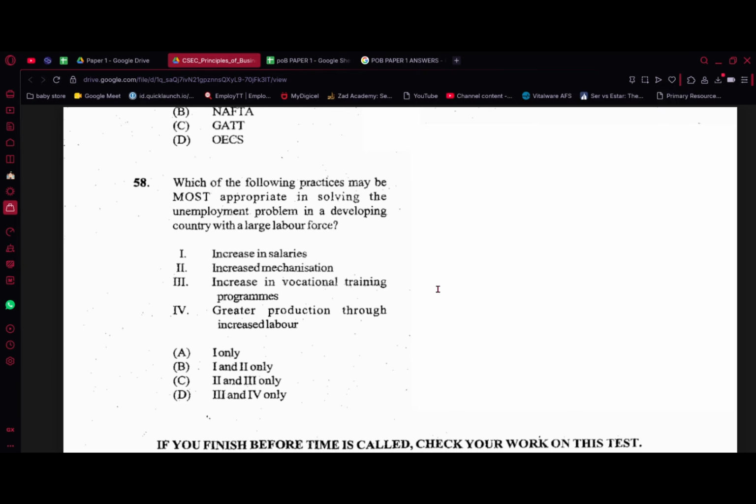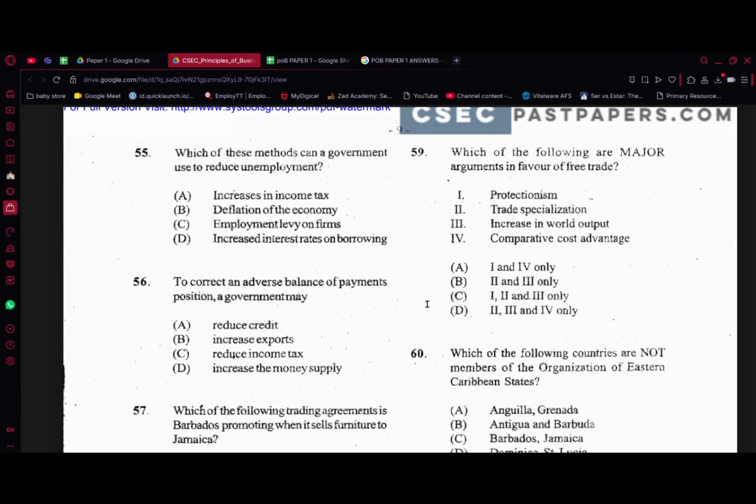58. Which of the following practices may be most appropriate in solving the unemployment problem in a developing country with a large labor force? The answer is D, 3 and 4. Increase in vocational training programs and greater production through increased labor. 59.